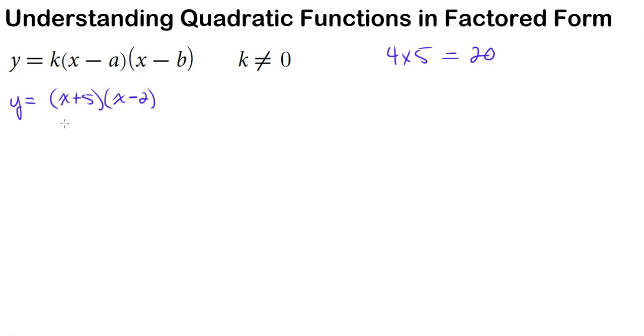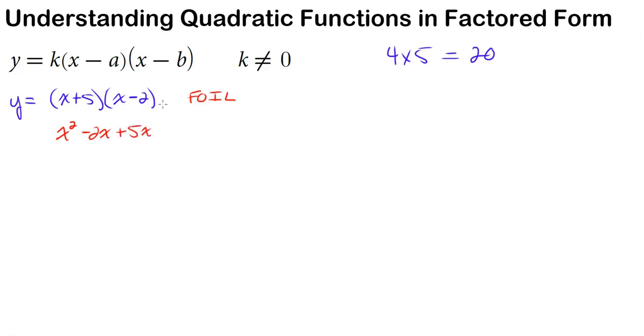We know from previous lessons that we can take (x plus 5) times (x minus 2) and FOIL: first, outer, inner, last. First, x times x is x squared. Outer, x times negative 2 is negative 2x. Inner, 5 times x is 5x.